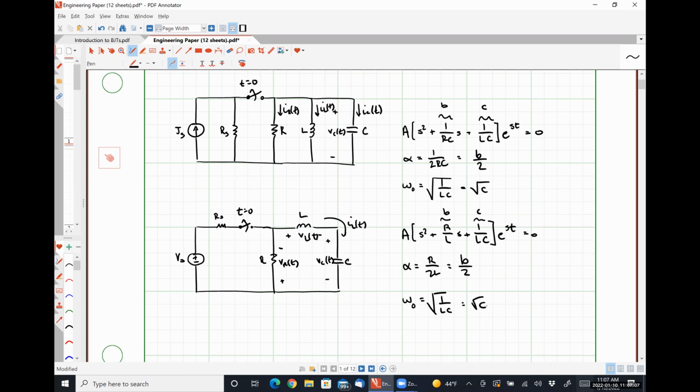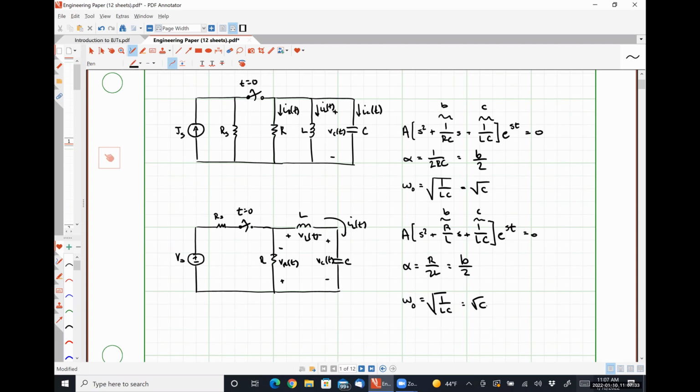All of this to say, we can easily see that our Neper frequency is simply 1/2 the coefficient on S in our second order differential equation, or characteristic equation. And omega naught is simply the square root of the constant term in our characteristic equation.